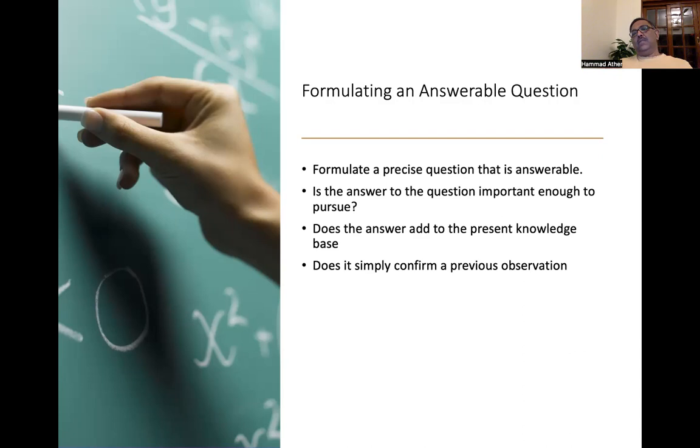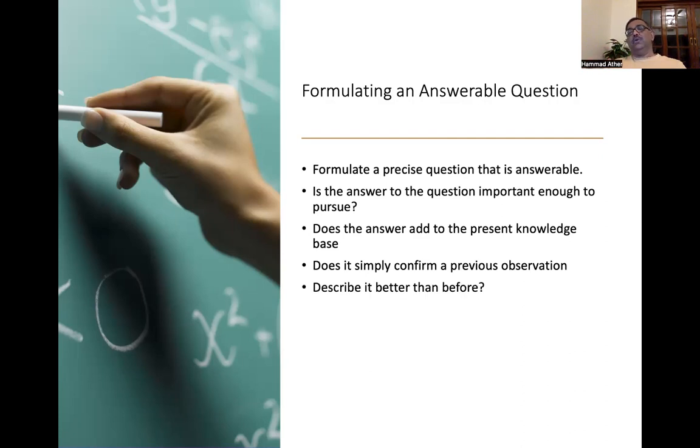Once you have addressed these questions, the next thing is, does it simply confirm a previous observation? If somebody else has done work on a similar project and found something, are you going to add to that observation?